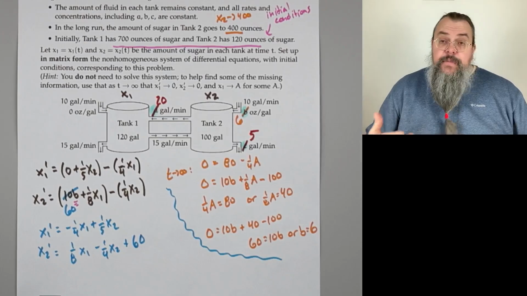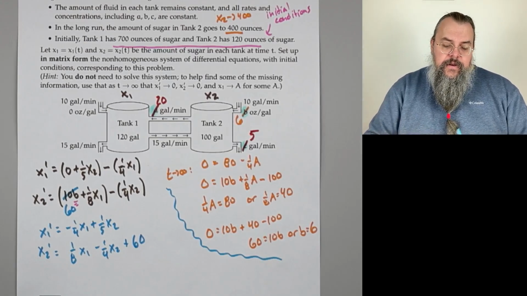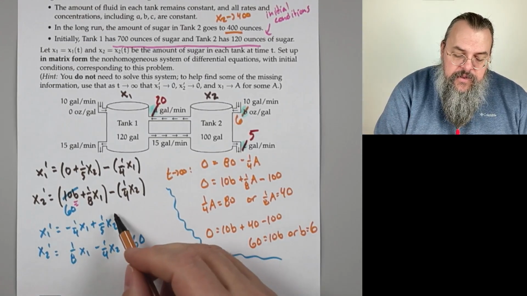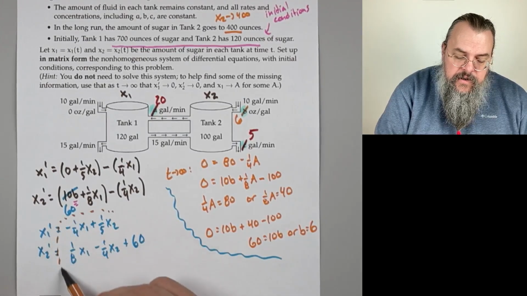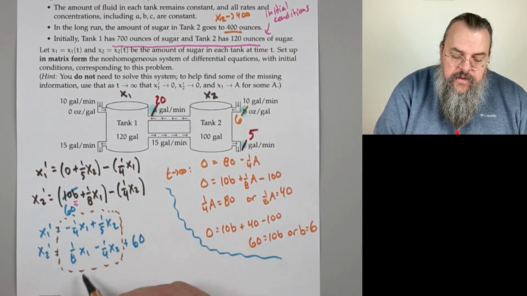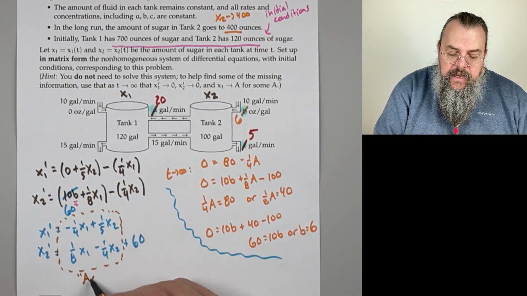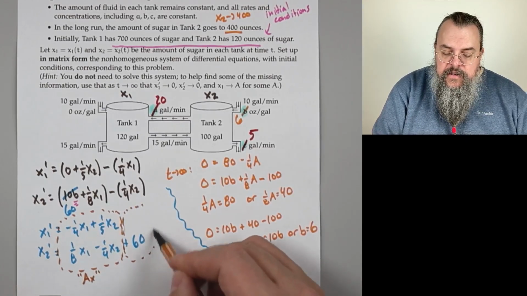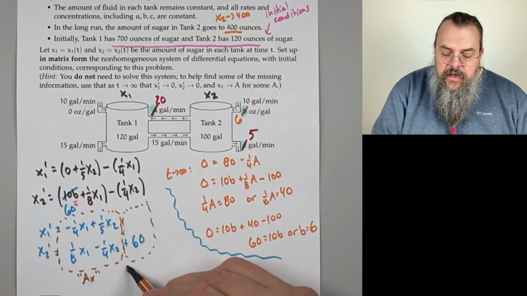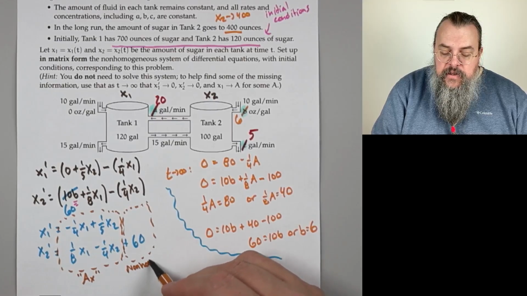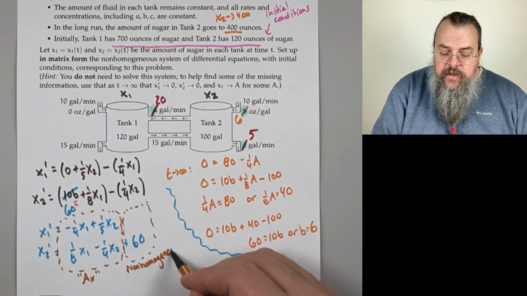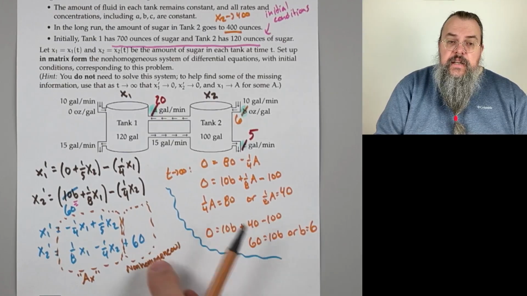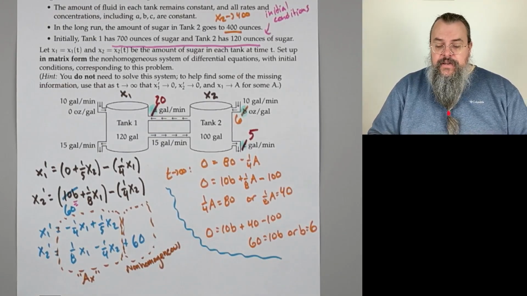So a couple of things. Where are our pieces coming from? This part right here is our Ax, and this part right here is going to be our non-homogeneous part. So when it says to write it as a non-homogeneous differential equation, it's coming from that piece right there.